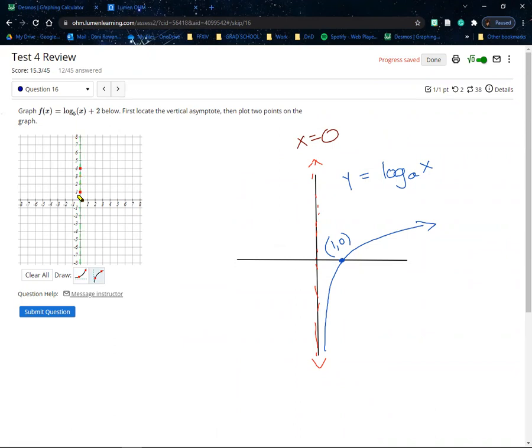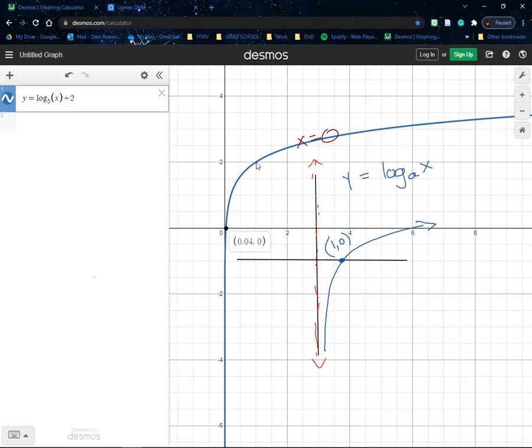So we're just going to click on the line and click again to have our asymptote. Now you're clicking the graph. And again, for the graph, you just want to find 2 points. So we know that 1, 2 is a point, and we know that 5, 3 is a point. If you can see that.